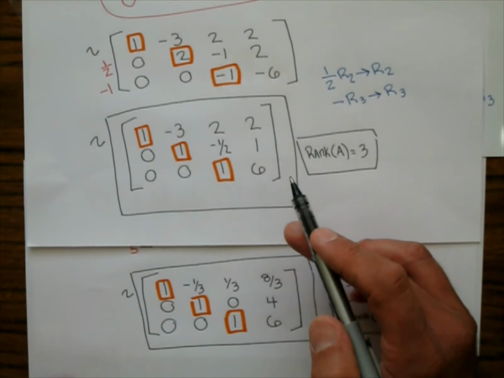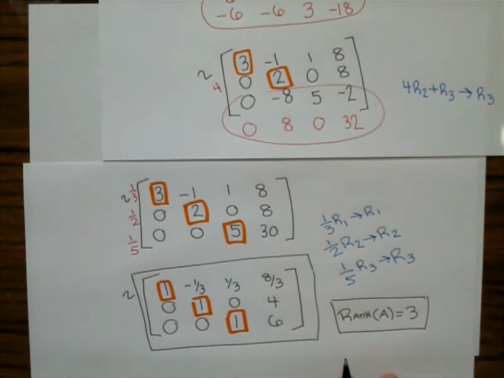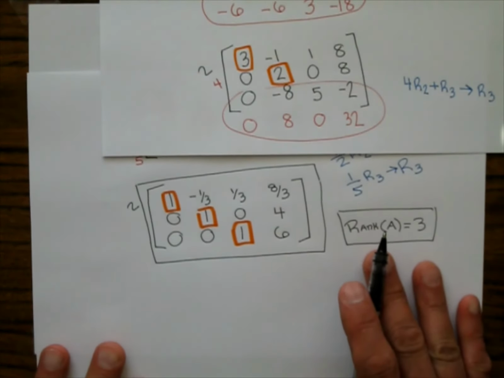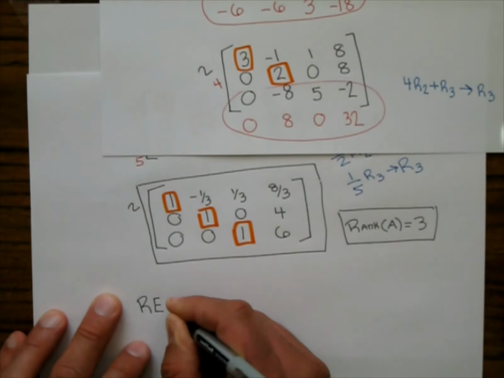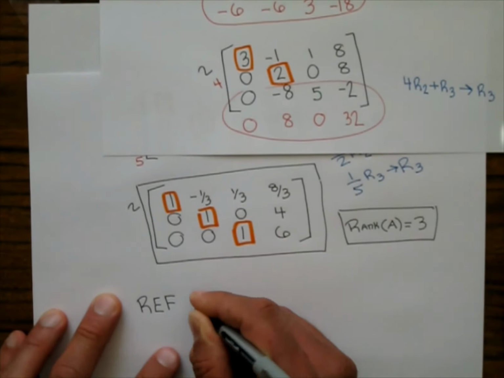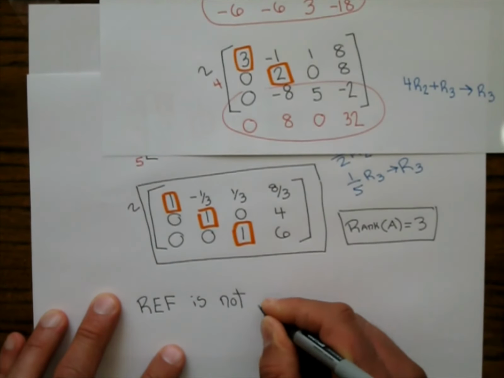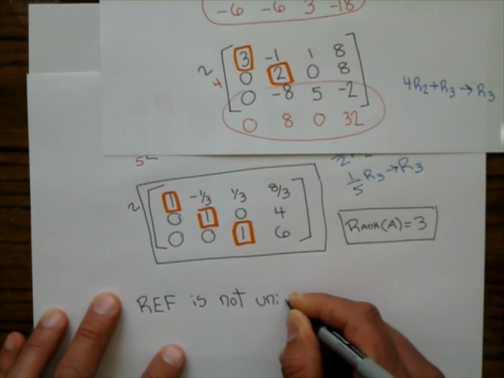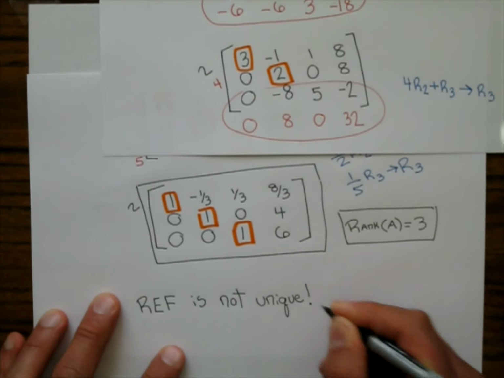Well, what we did is legitimate, but I'm going to write out a statement here. Row echelon form is not unique. Okay, so that's a bummer.